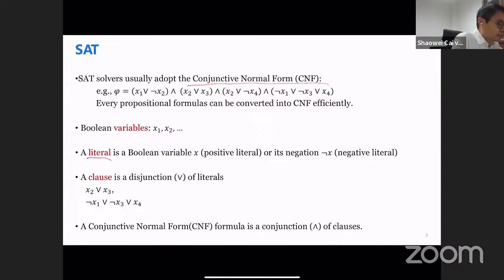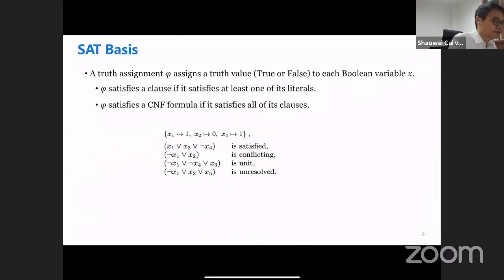A clause is a disjunction of literals. And usually we also write a clause as a set of literals. For example, the first clause can be written in this way. And a CNF is a set of clauses. So the SAT problem is to try to find an assignment to satisfy all the clauses at the same time, or prove that this does not exist.